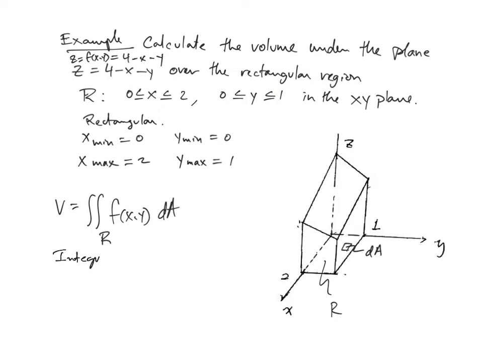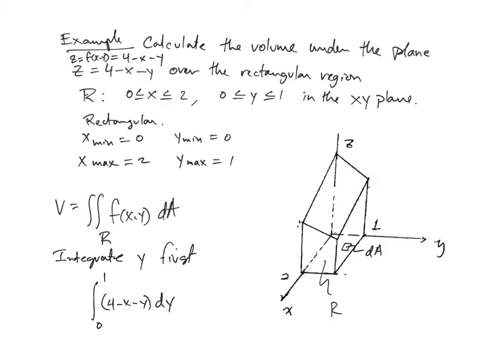We can do either, but let's start with integrating y first, which means that's the inner integral, and it's the first one you calculate. So if we just write this, our function is 4 minus x minus y dy, where y goes from 0 to 1. Okay? We're integrating in the y direction.